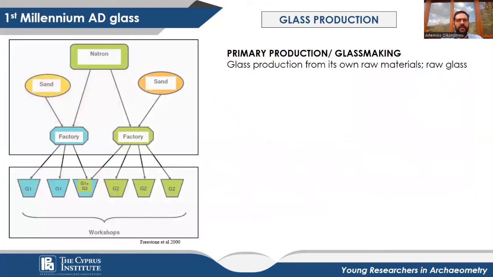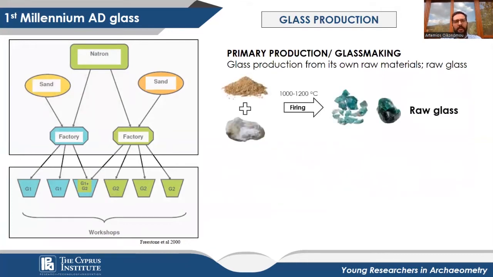Glass production during this period follows the most accepted model so far, the so-called centralized model. Glass production can be divided into distinct steps. The primary production, which is the fusion of raw materials into glass, that means sand and natron. In this primary production, they produce the so-called raw glass.